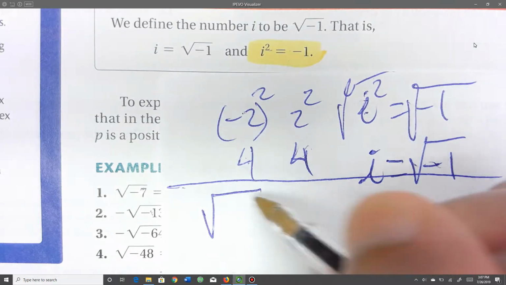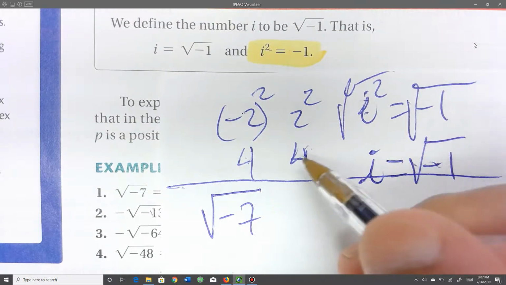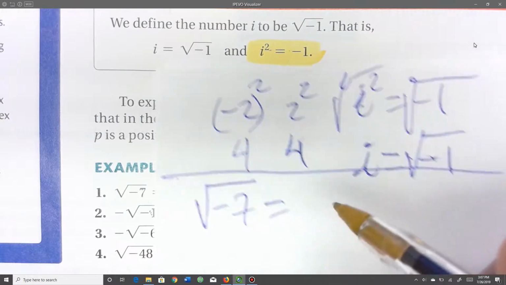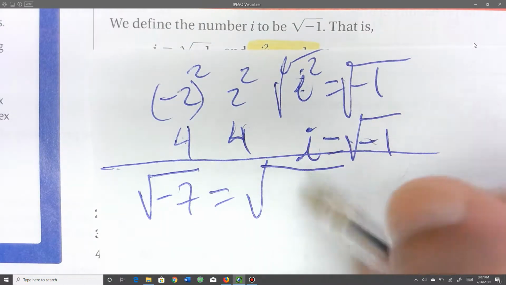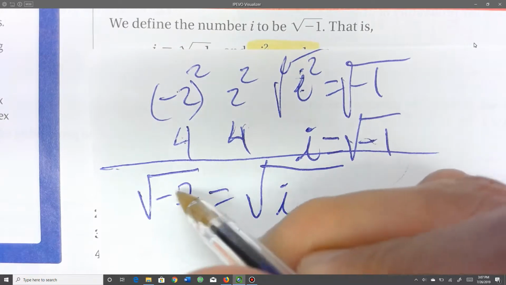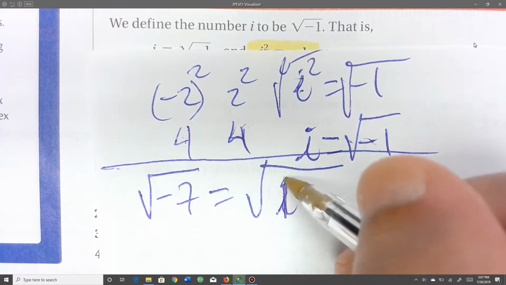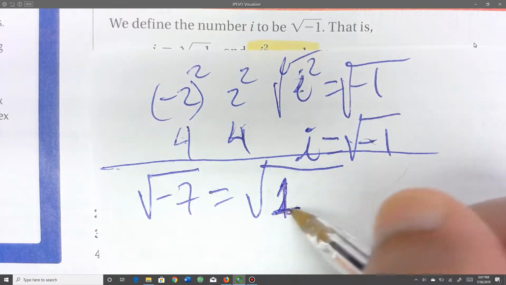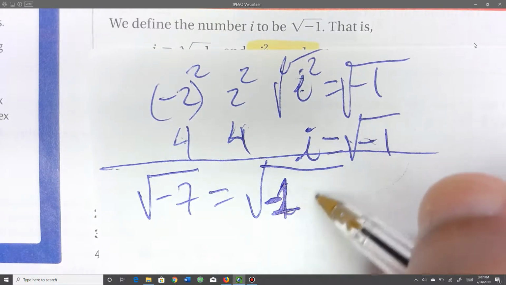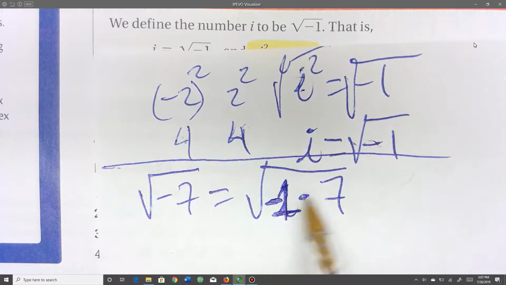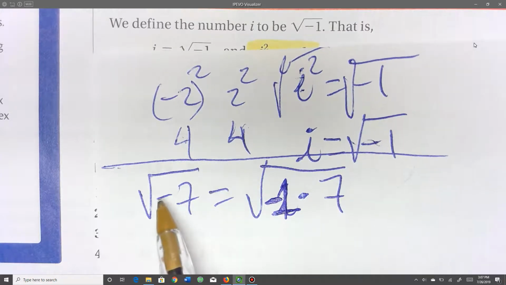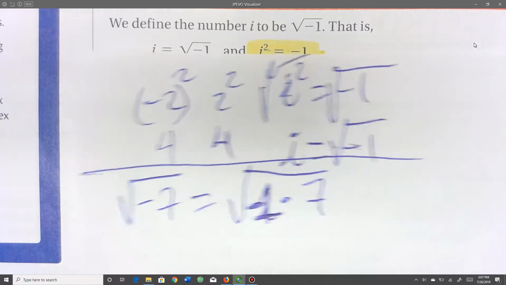So the square root of negative 7 you can rewrite as the square root of I squared times 7; let me expand it even further: negative 1 times 7. So this means the same thing. A negative and a positive gives you a negative.